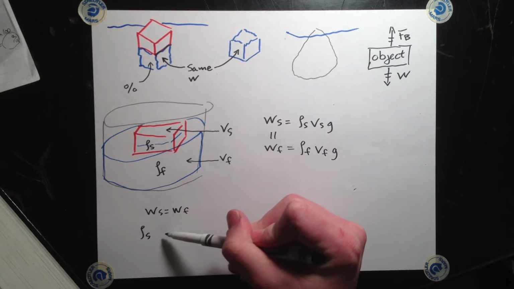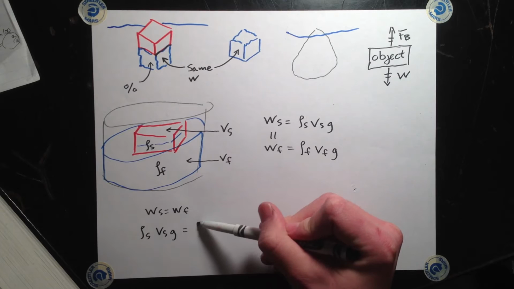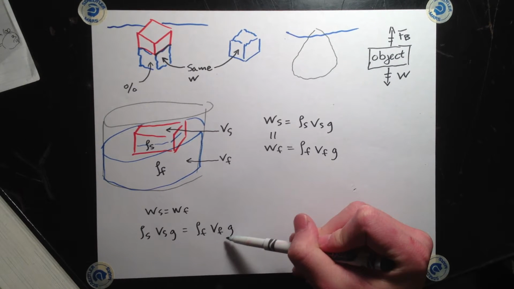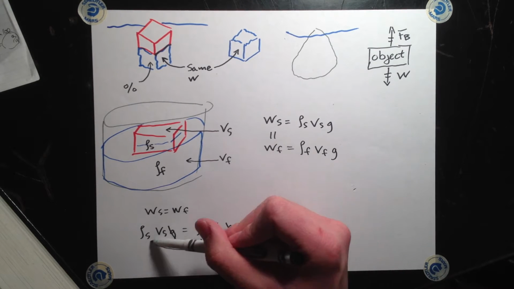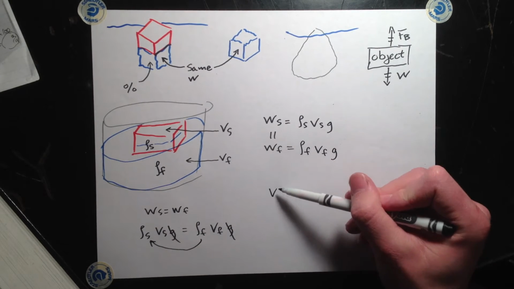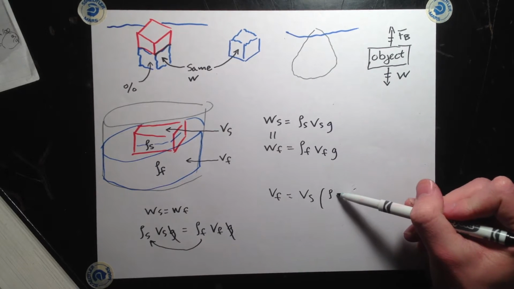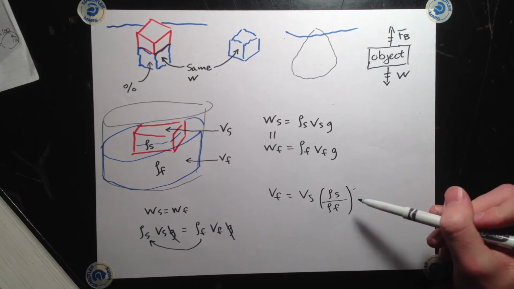The density of s times volume of s times gravity equals the density of f times volume of f times gravity. Canceling g and solving for the volume of displaced fluid, we have v of f equals v of s times density of s divided by density of the fluid.